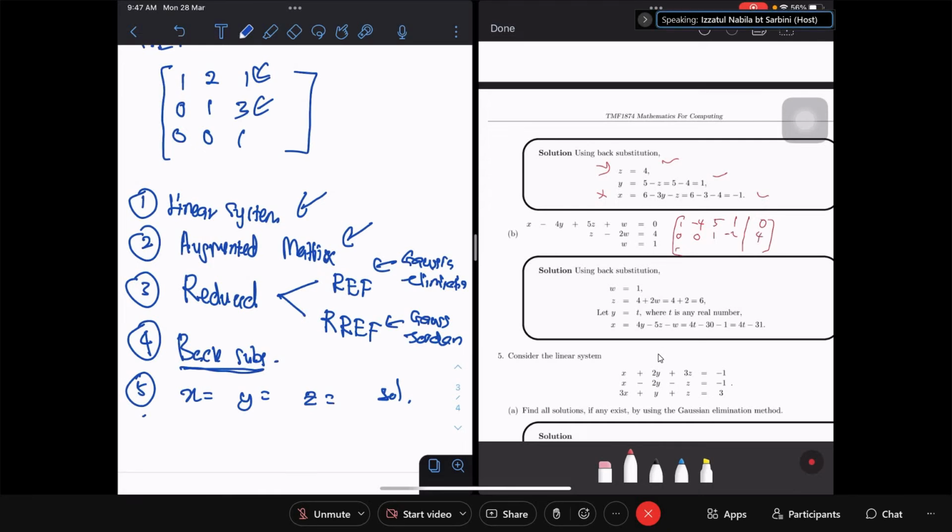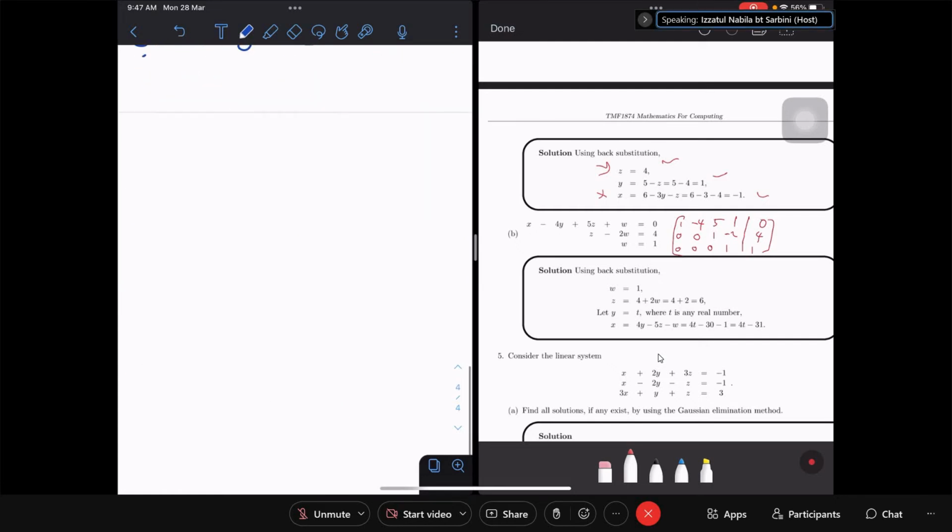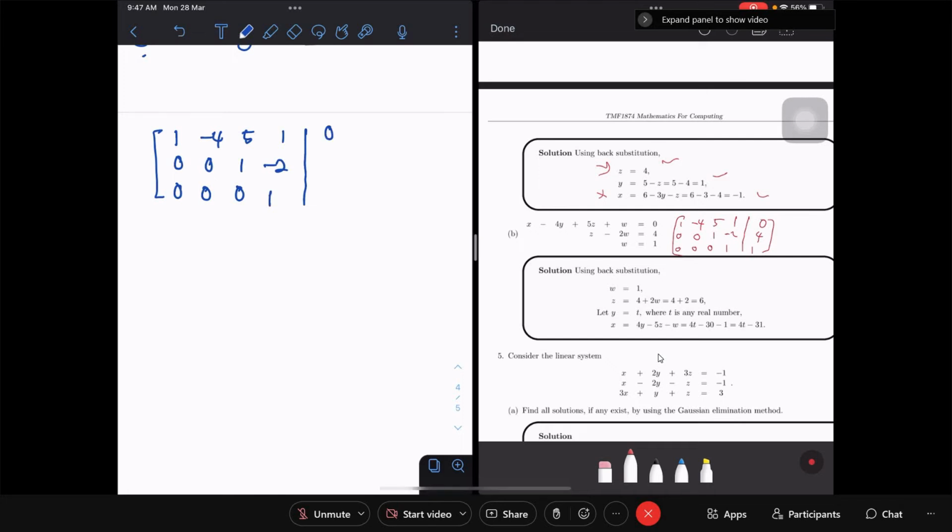And then 0, 0, 0, 1 equals 1. I'll write it here, it's easier, so that it will be clear. Okay, now this is what you see after reduction, an augmented matrix like this.